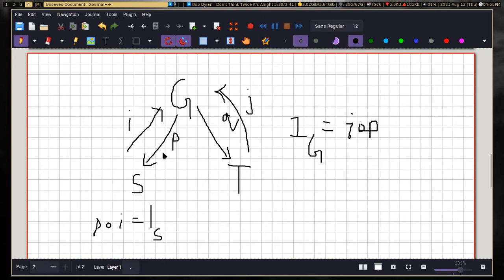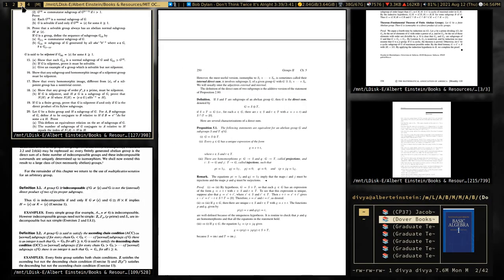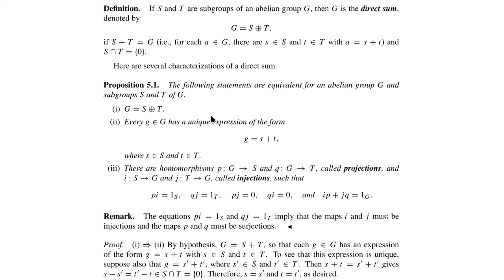So IP is you first do P, you go from G to S, then from S to G, you get something there, and then you do the same here, J, Q, and you add these two things, and you'll get the identity on G. So this is all easy to check, but yeah, just for clarification. Okay, so that's that.